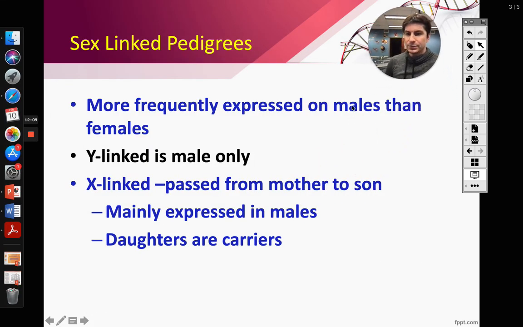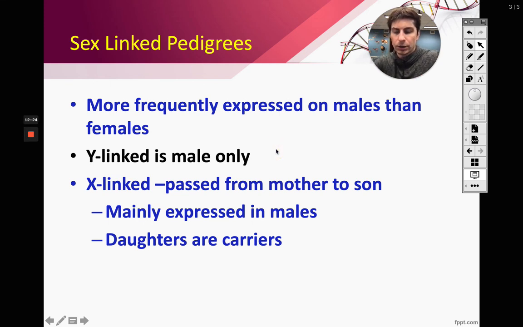Sex-linked pedigrees. These ones are a little bit tricky, but if you look for one thing, they're very easy. Don't forget in sex-linked, the males are going to have this trait more often than the females. Since the males are going to have it more often, we're going to see more males affected in these sex-linked pedigrees.